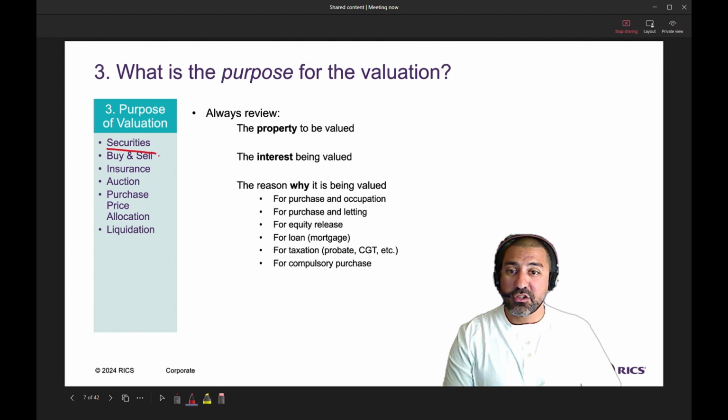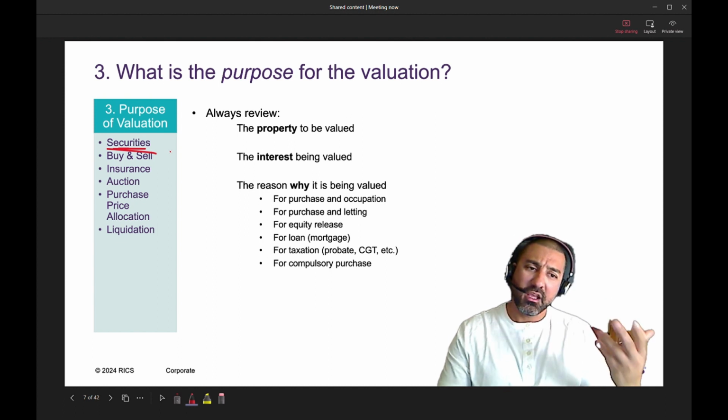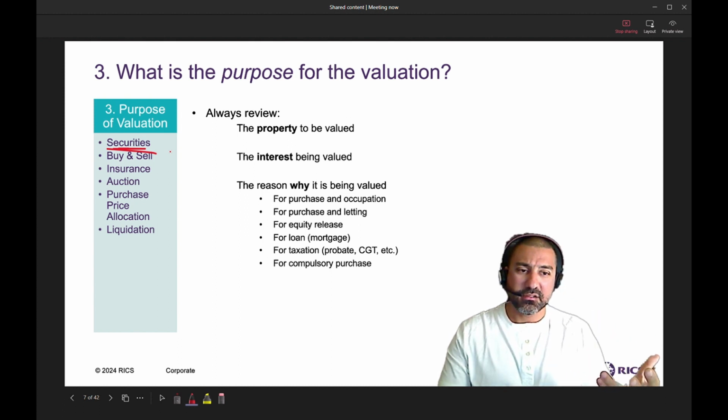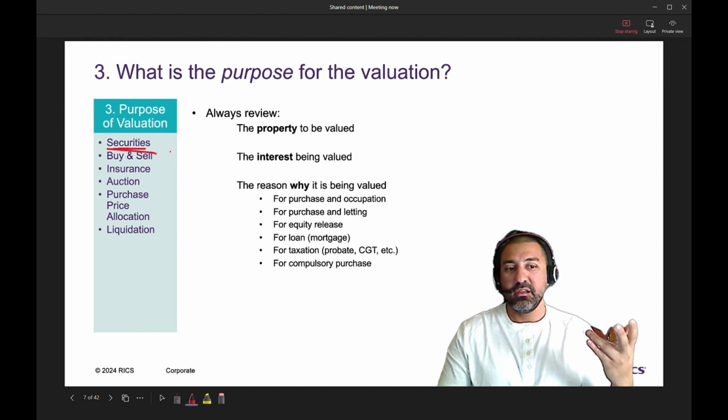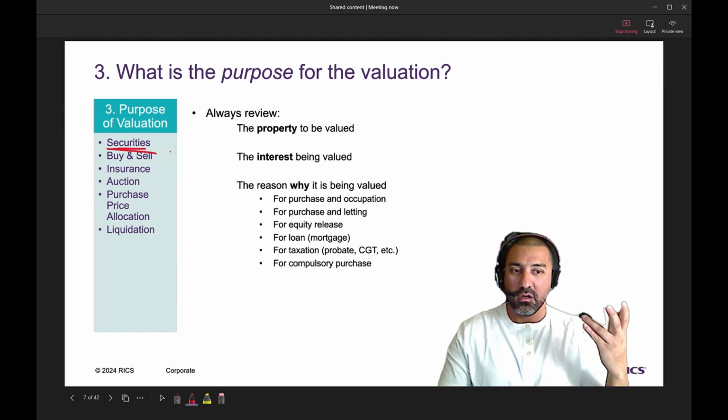If you're doing a valuation for securities, so if you're doing basically a bank loan, then what does the bank really care about when you give them the value of an asset? If it's for a mortgage, let's say, the bank is going to lend against the value of a potentially failed, or a liquidation state, right?